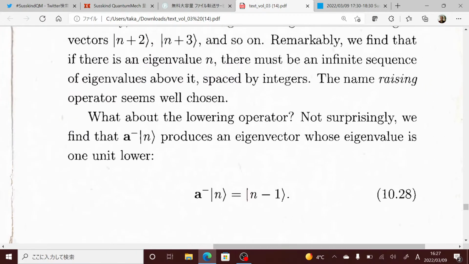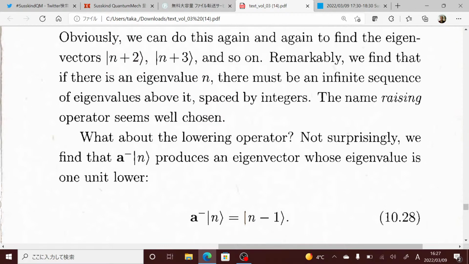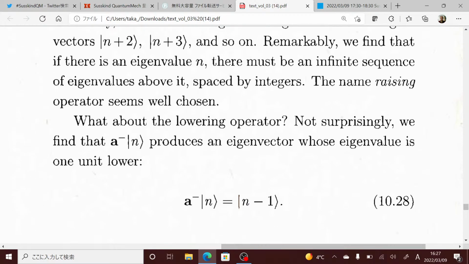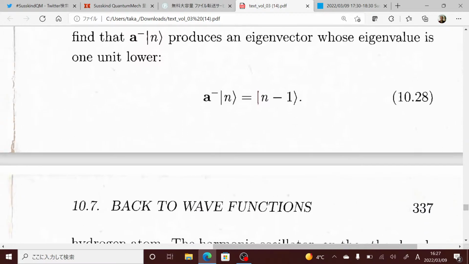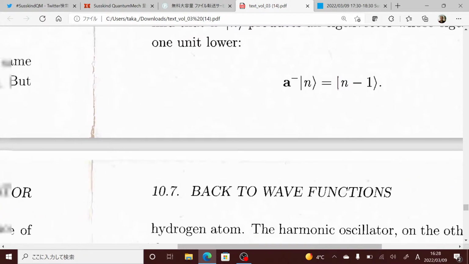So what about the lowering operator? Not surprisingly, we find that A minus acting on the ket of n produces an eigenvector whose eigenvalue is 1 unit lower. A minus on ket n becomes a ket of n minus 1.